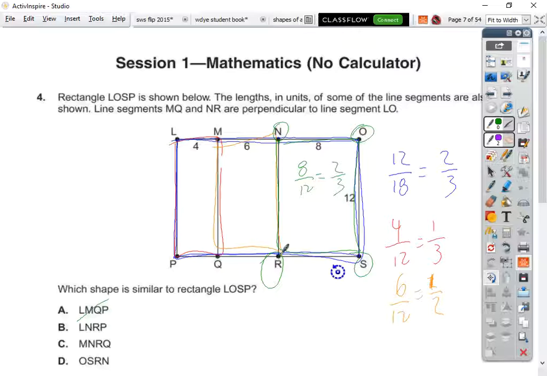Now we haven't tried that one, so this is 10 over 12. That's 5 over 6. That does not work. MNRQ. We've disproven that one. OSRN. Right, yeah, there we go. So that's the one right there. The answer is D.